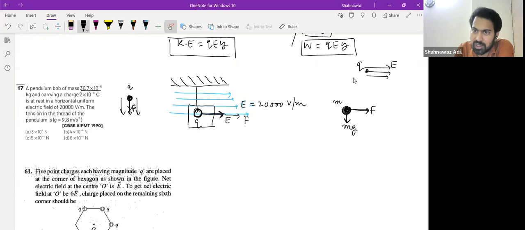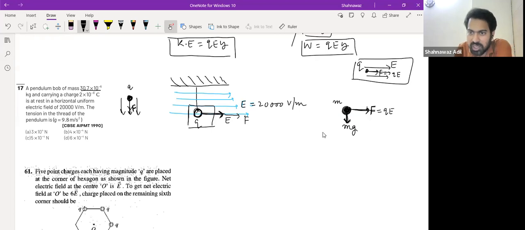We calculated the force on this charge due to this electric field, which was QE. You remember, Aisha? So this is F, which is QE, right? And this is weight, which is downward.